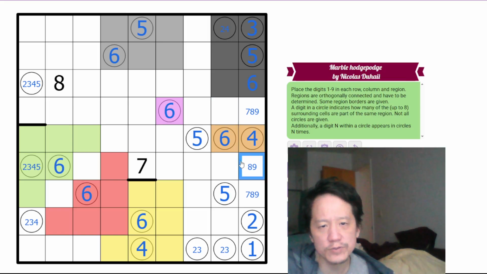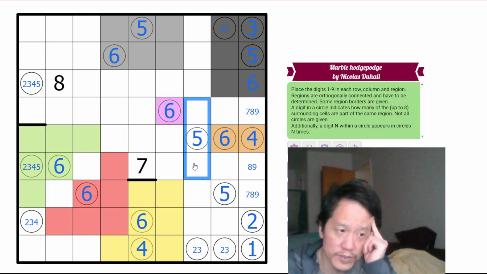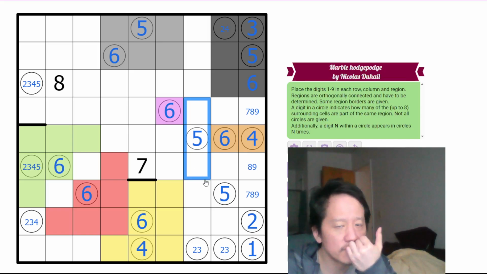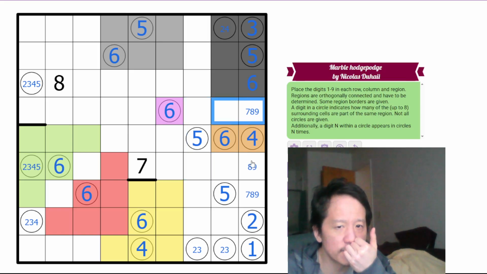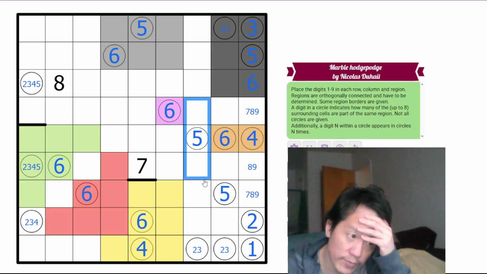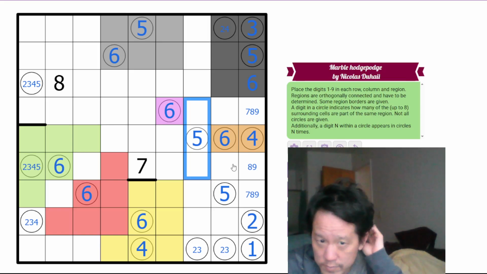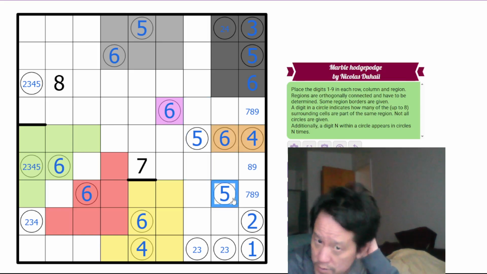So we have 1, 2, 3, 4. 2 out of 5 would be 2 out of 3 would be in this region. So 3 out of 4 of these are essentially in the orange. And then 2 out of 3 of these would be in the orange. So that's 7 oranges.